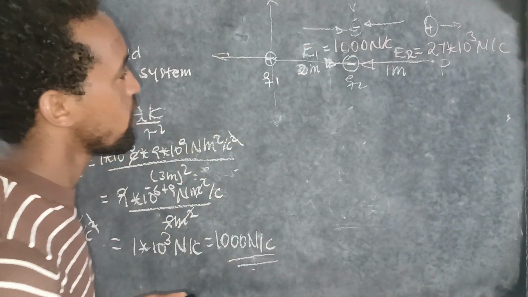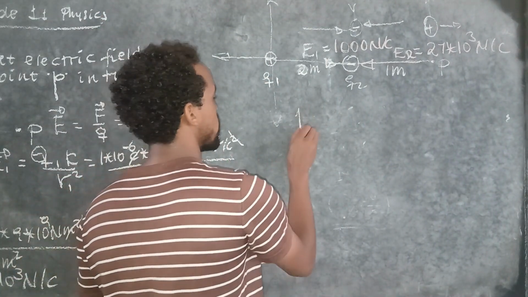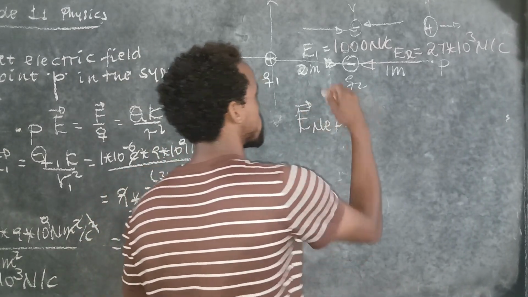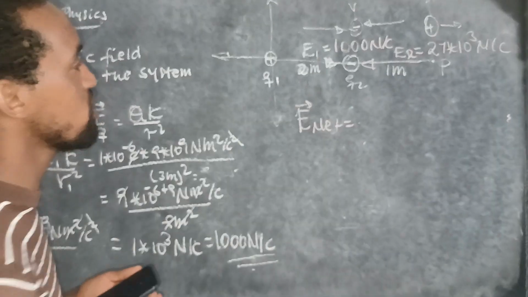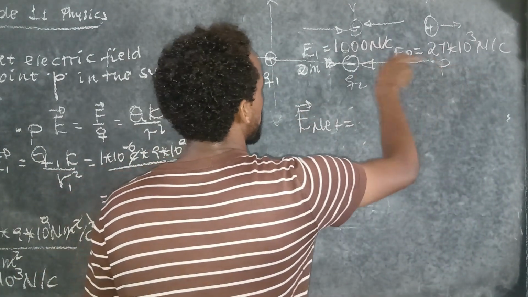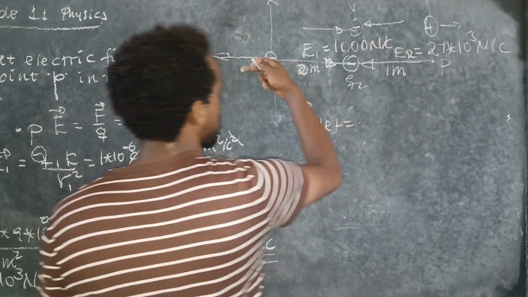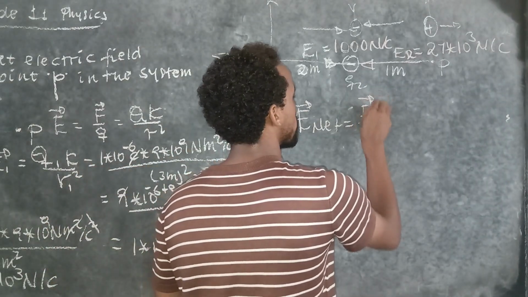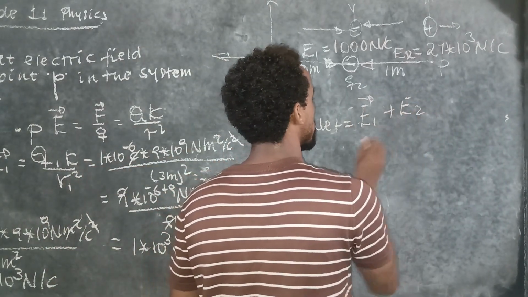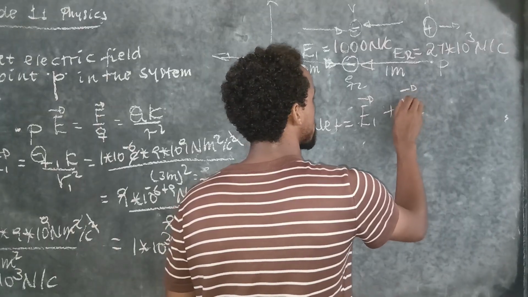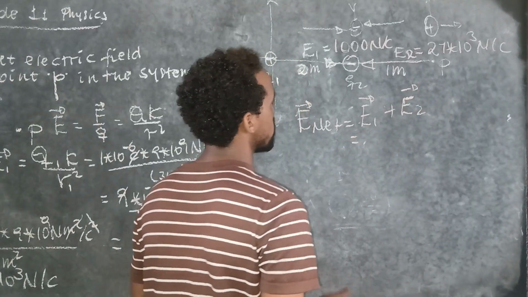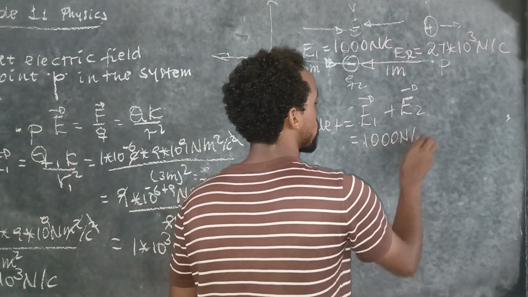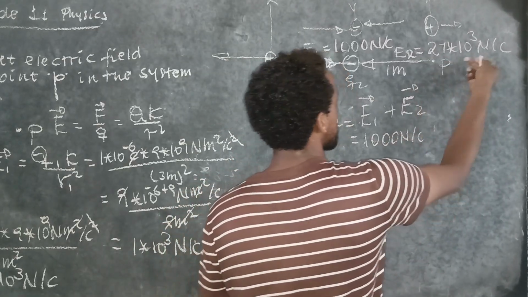So that's it. Now we will use the vector directions. The components are both along the x-axis but opposite: this goes that way and this goes this way. The net electric field is the vector sum of E1 plus E2, since it's a vector quantity. So 1000 newton per coulomb, plus minus 27,000 newton per coulomb, because this is in the negative direction.